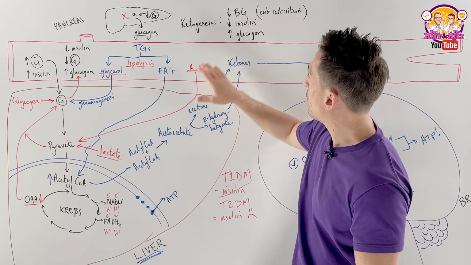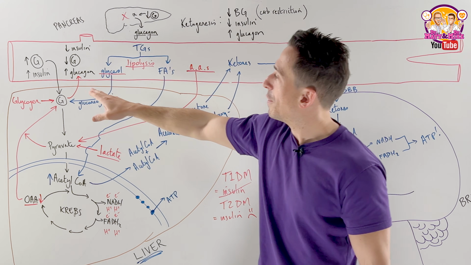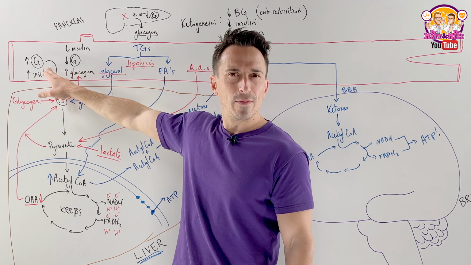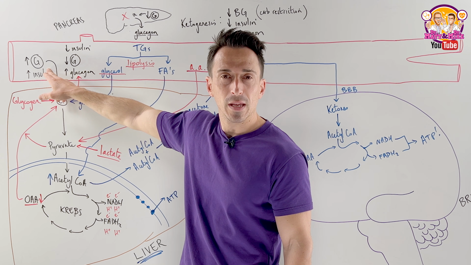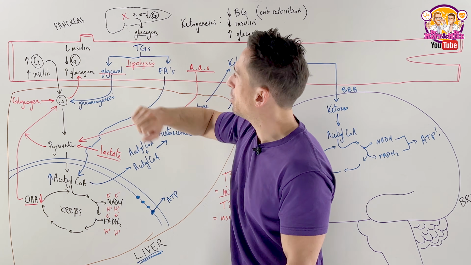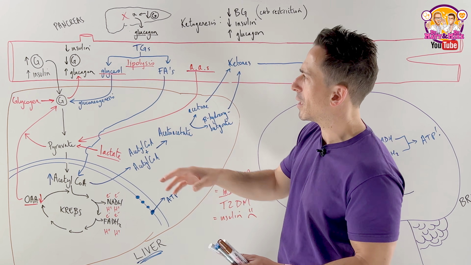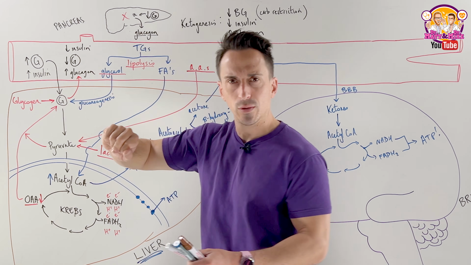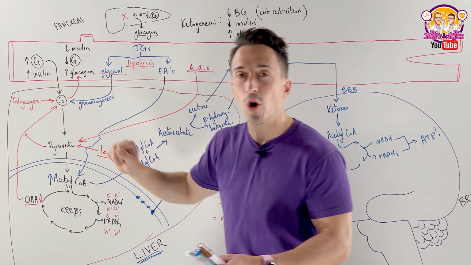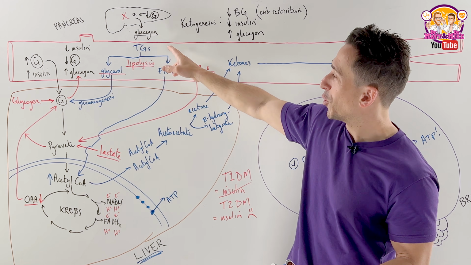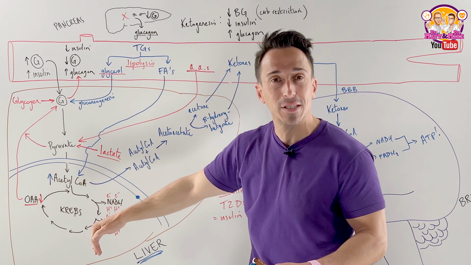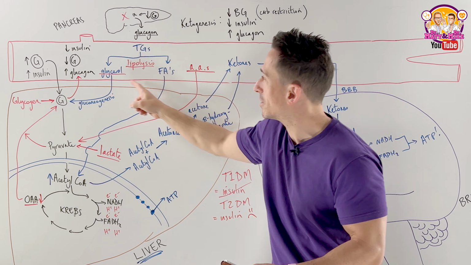Now, they may not be restricting their carbohydrates. They may have normal levels of glucose in the bloodstream, but because there's no insulin, there's no inhibition of glucagon. So they paradoxically can have high glucose levels and high glucagon levels. And I said glucagon inhibited this process and stimulated lipolysis.